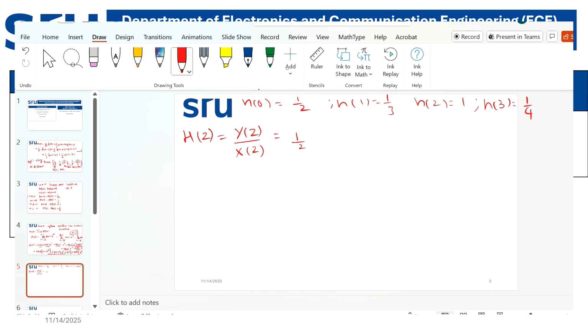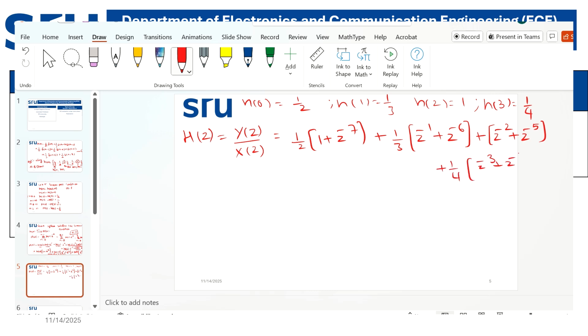So 1 by 2 into (1 plus Z power minus 7) plus 1 by 3 into (Z power minus 1 plus Z power minus 6) plus 1 into (Z power minus 2 plus Z power minus 5) plus 1 by 4 into (Z power minus 3 plus Z power minus 4).